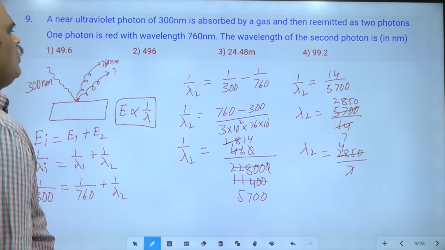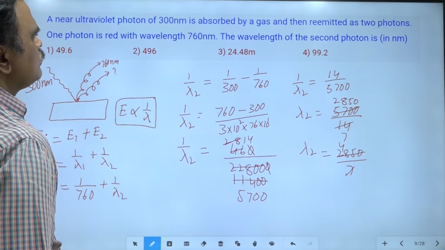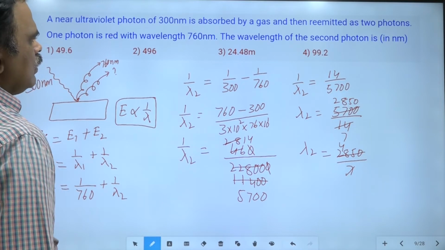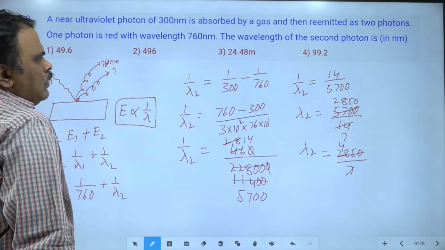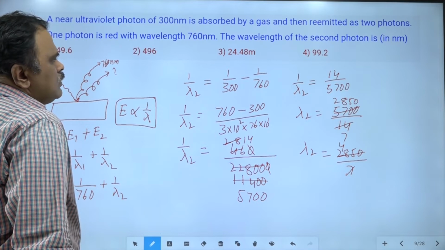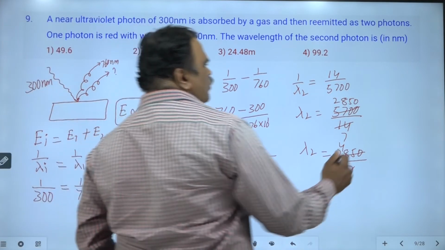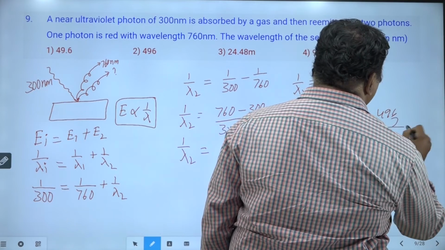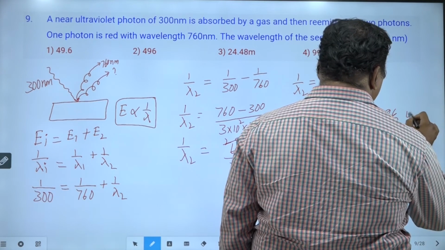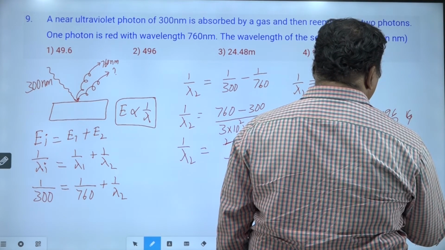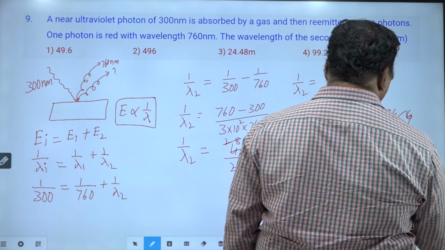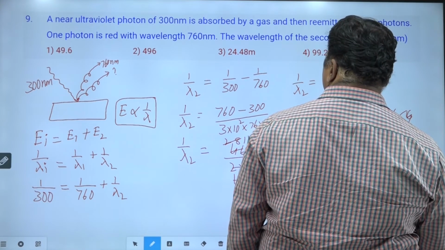7 6s are 42. 7 9s are 63. Now 496 into 7. 7 6s are 42. 7 9s are 63.